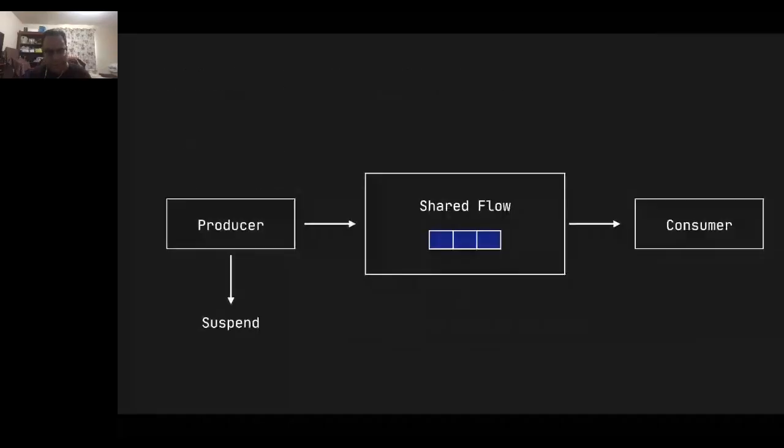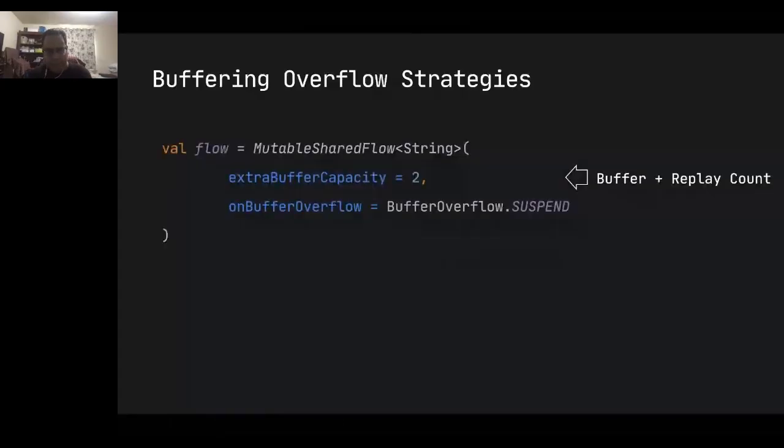Suspend is the default strategy that shared flow uses. In this case, the producer code will suspend until the consumer has caught up. Over here, the replay count is 0, but I have an extra buffer capacity of 2.